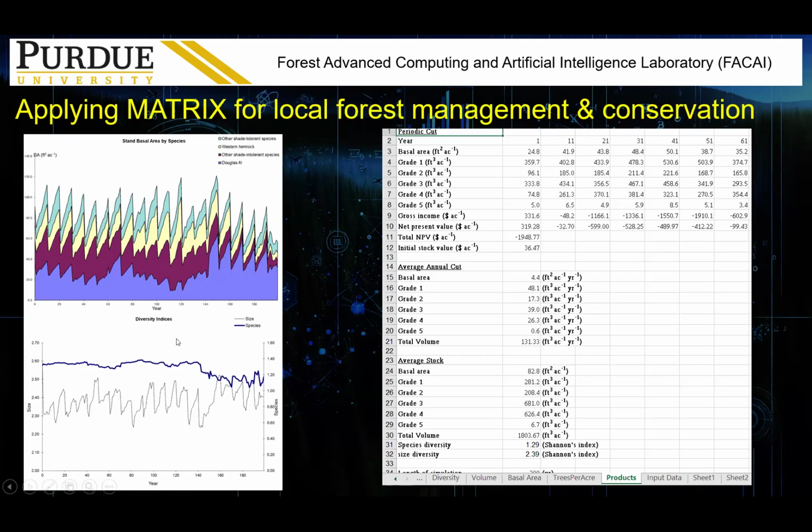For example, this diagram shows how the matrix model can help local landowners of the Pacific Northwest manage their Douglas fir and western hemlock forest. We see that with a 10-year cutting cycle and partial harvesting regimes, this landowner is going to lose lots of money, about $2,000 per acre, which helps the land manager make decisions.